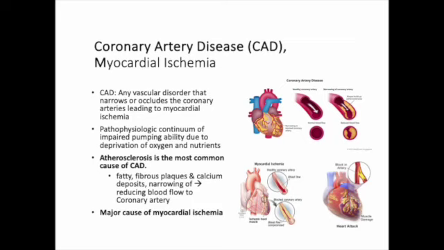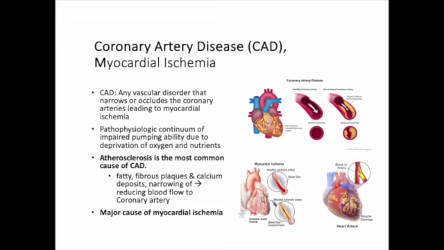When there's persistent ischemia, or when an acute or complete occlusion of the coronary artery occurs, then this patient is having acute coronary syndromes. Now, when does ischemia move into infarction?